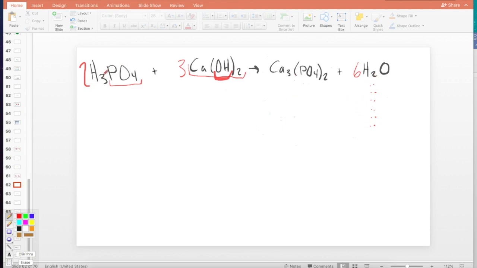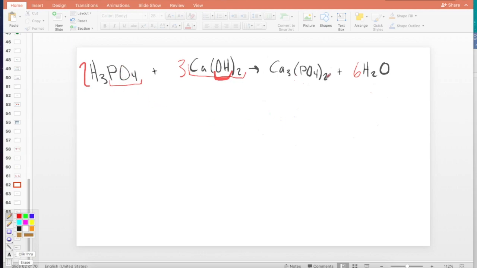I have 2 times 3, 6, 3 times 2, 6, 12 on the left side, and now I have 12 on the right side. So now when we go to balance oxygen, remember, we can think about it like this. I've already balanced the oxygen that's found in PO4.